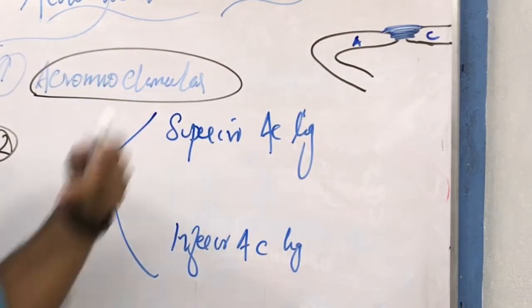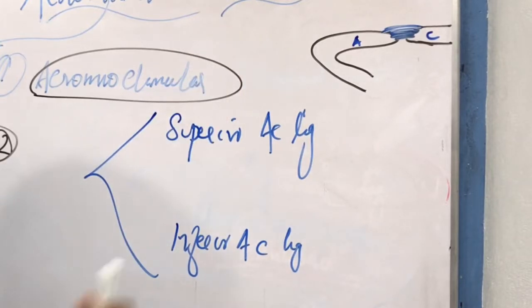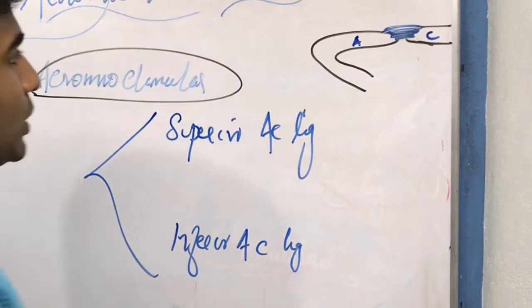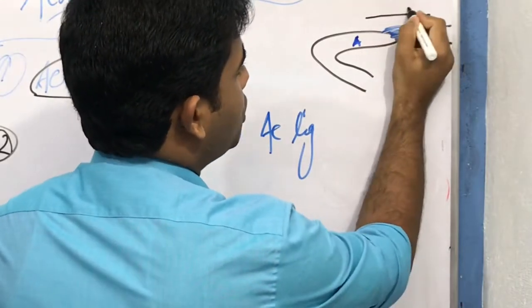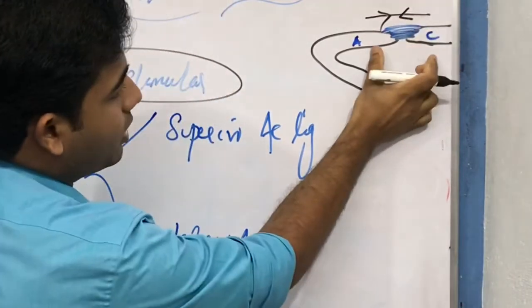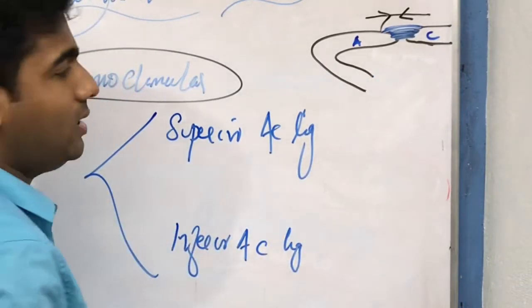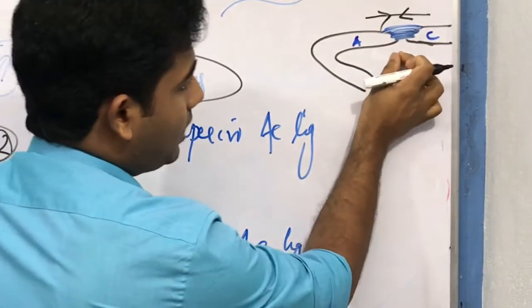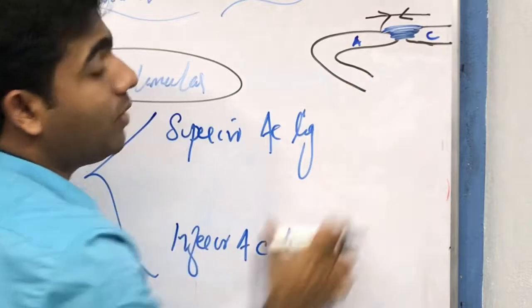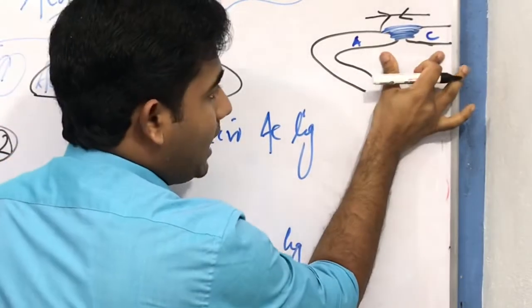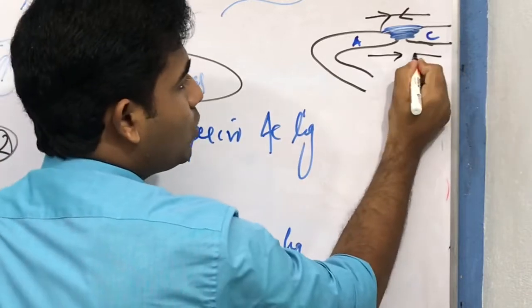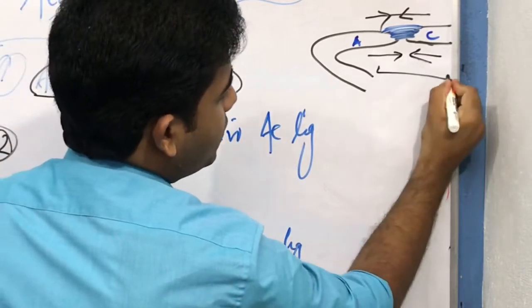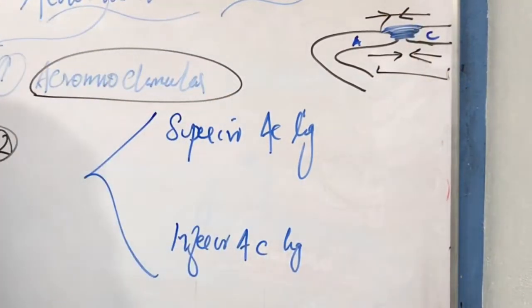Now can you tell me what is the function of this ligament? You don't have to learn it by heart, can you just imagine? This ligament is actually helping the capsule to bring towards the both bones. You can imagine that if this ligament is not there, these bones may get separated from each other. So bringing together, this bone is brought to here and this one is brought to here, that function is provided by the acromioclavicular ligament.